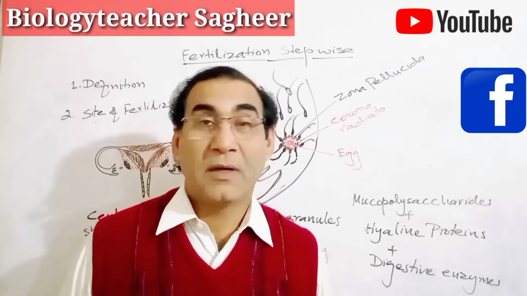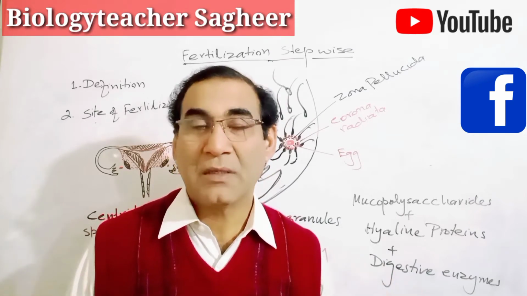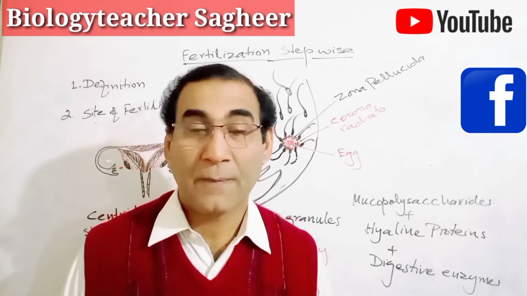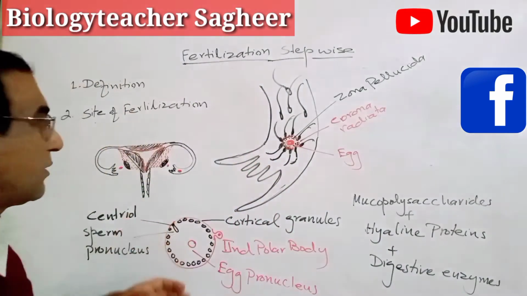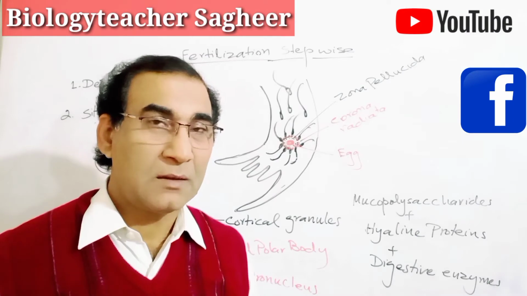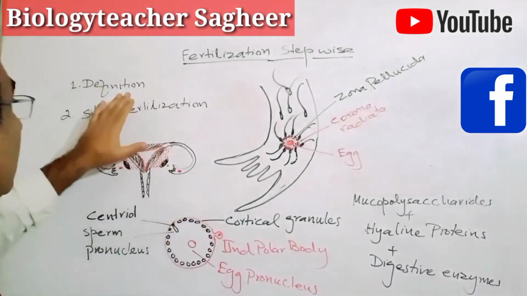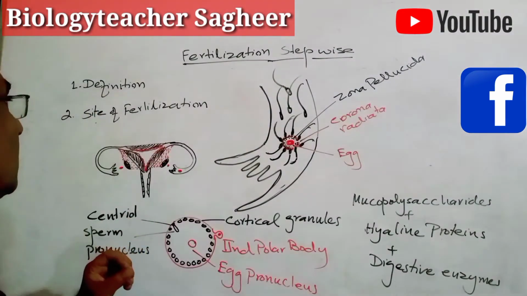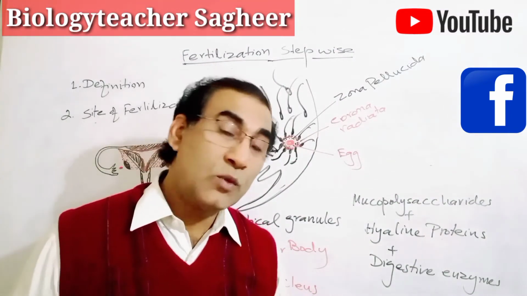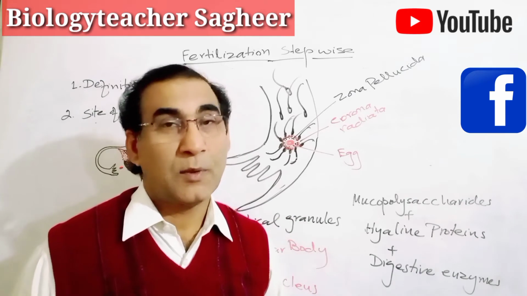However, the complement of the chromosomes, or the complement of the genes, is equally contributed by mother and father. You know very well that the sperm and the ovum are haploid cells, the male and the female gametes respectively. What is fertilization? It is actually the fusion of the male and the female pronuclei, which are haploid.